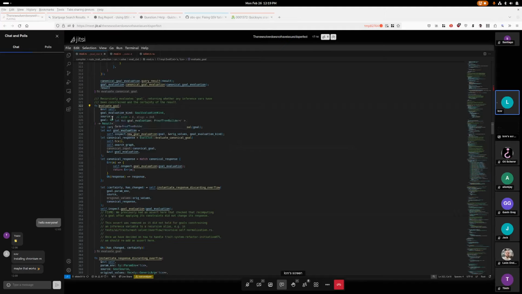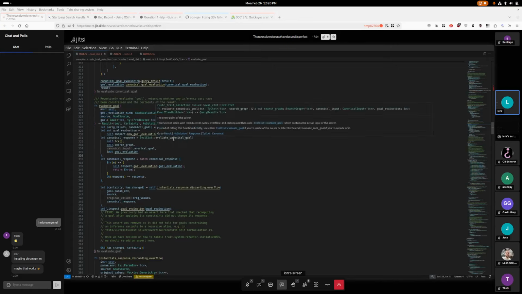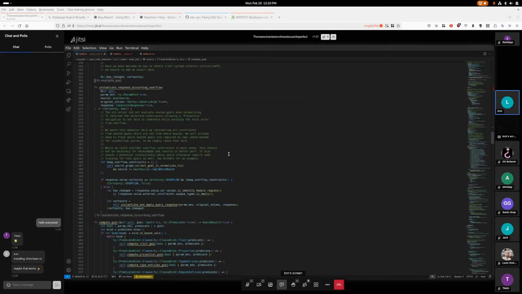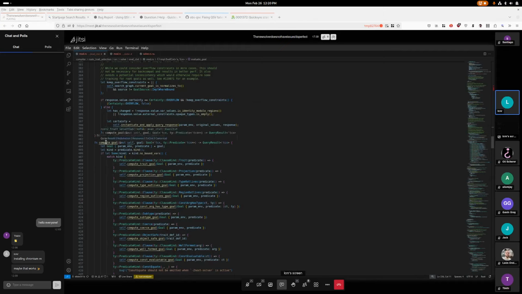That one takes a goal and some stuff which you don't have to care about, and then calls evaluate canonical goal, which canonicalizes and then does a lot of magic, which is completely irrelevant for most of what we're doing, and then calls compute goal.